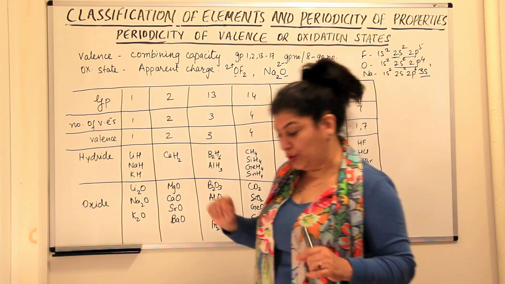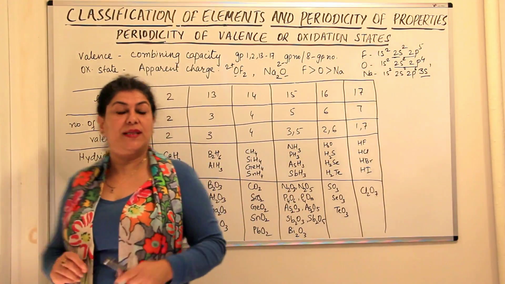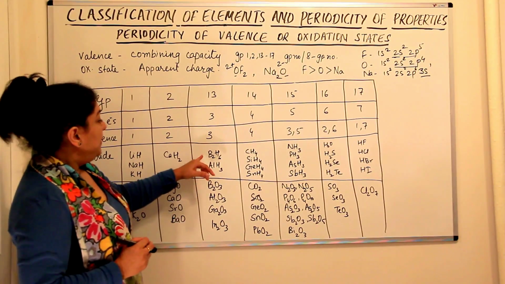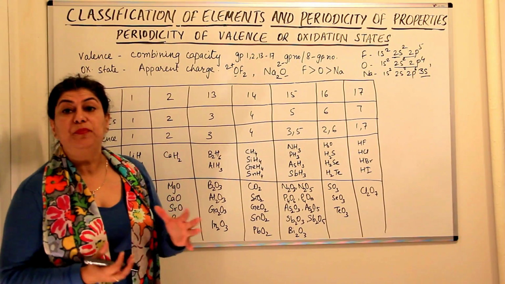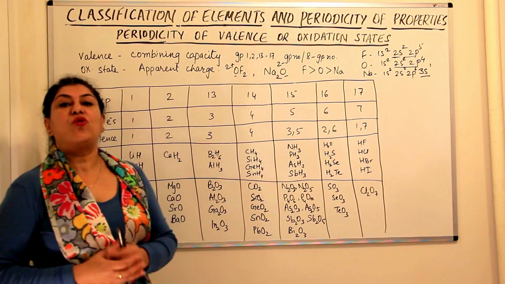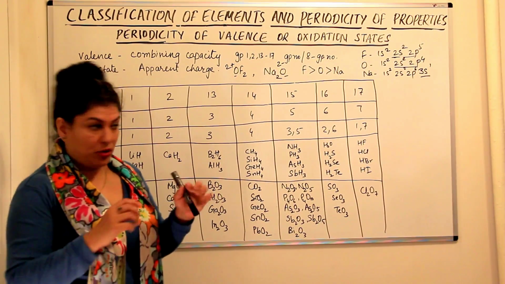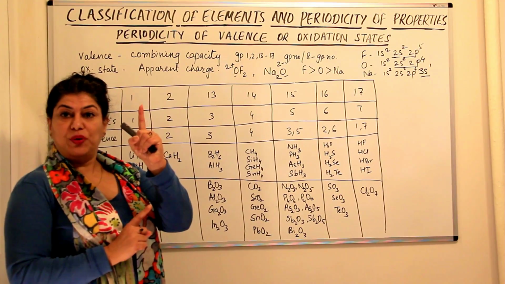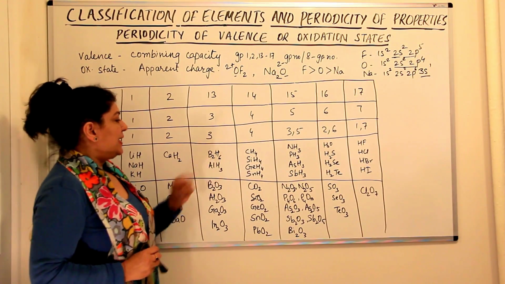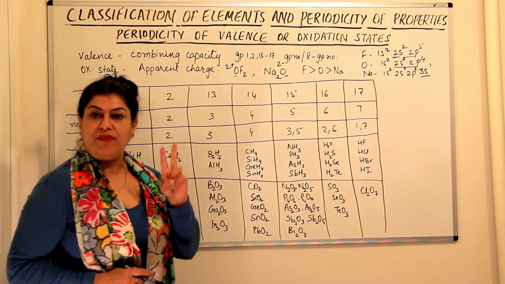In the 13th group, we have 3 electrons in the outermost shell. So boron forms the hydride B2H6. H6 means that there are 6 electrons in the case of hydrogen, because every hydrogen contributes 1 electron. If there are 6 electrons of hydrogen, how many borons do we have? 2.